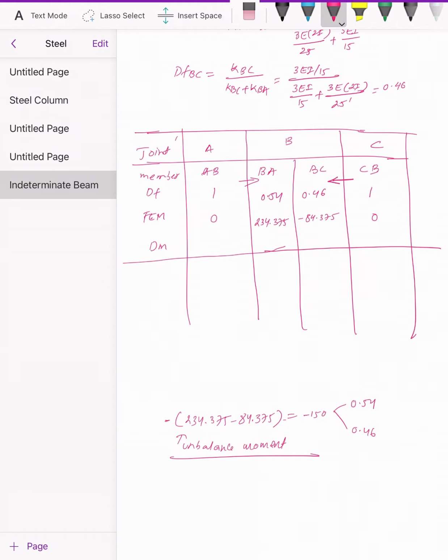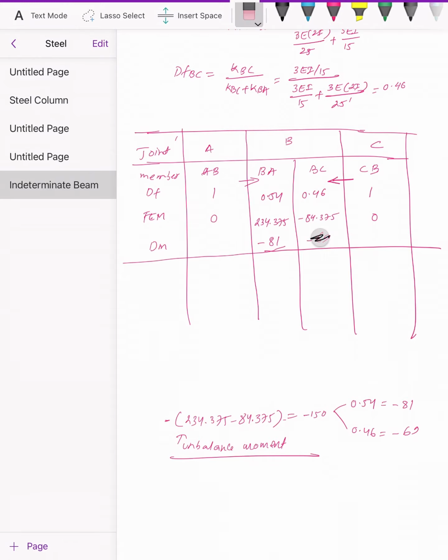I'm just creating these numbers to make it easy to understand. So 0.54 gives minus 81 and minus 69. That's the distributed unbalanced moment here.